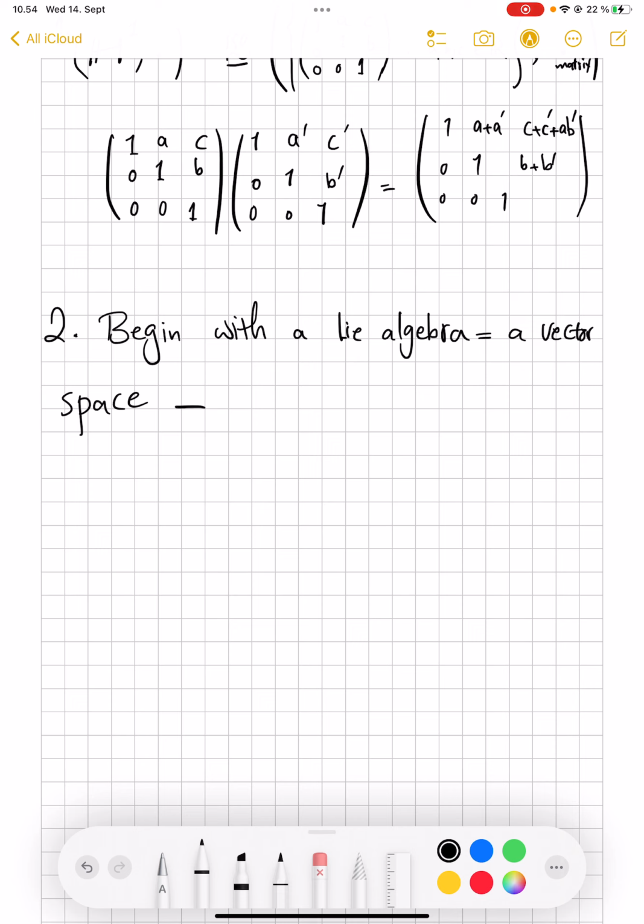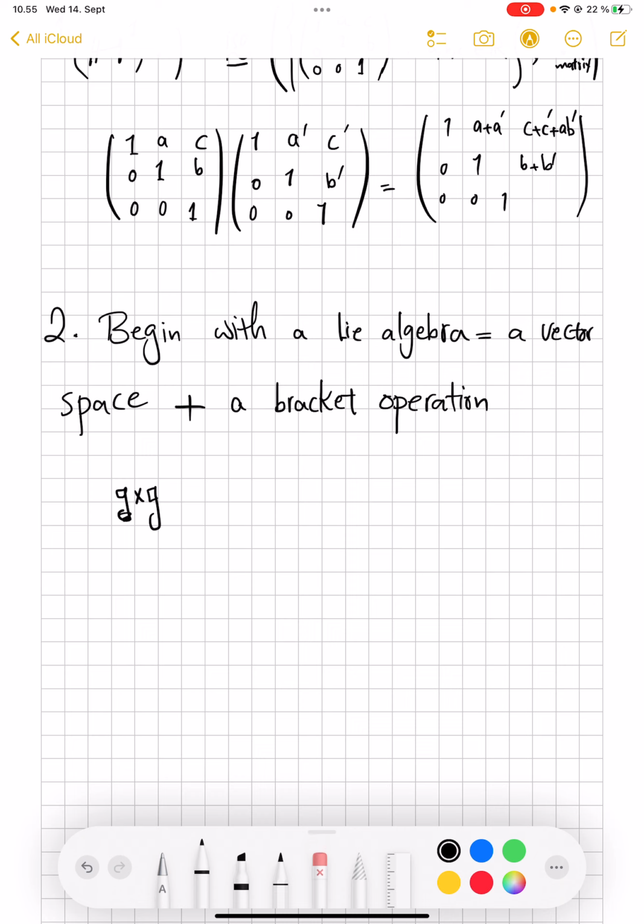But why don't we call them vector spaces? Because they have one additional structure, and that is what we call a bracket operation. So what is a bracket operation? It's a function from the vector space. Usually we use funny letters to designate Lie algebras because we want to use G for the group.